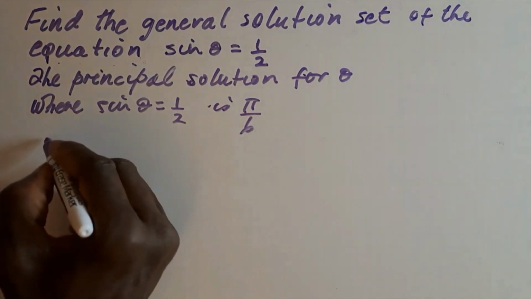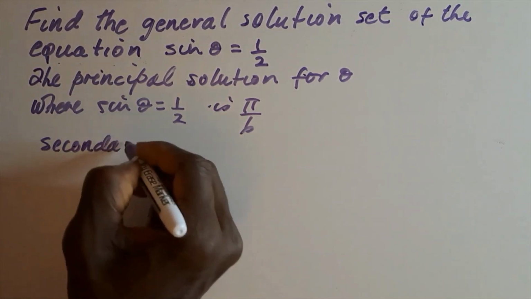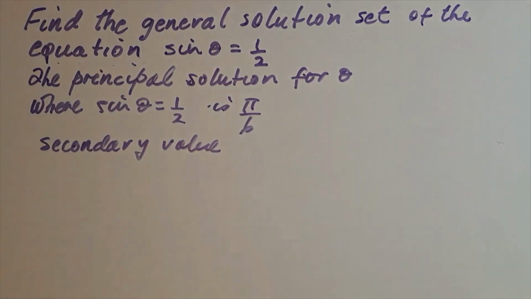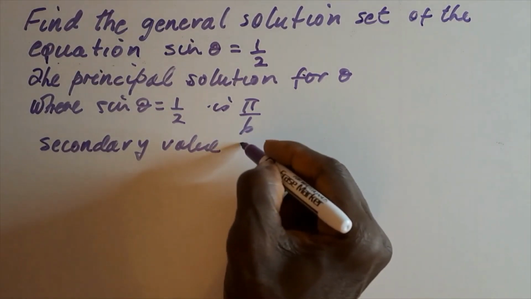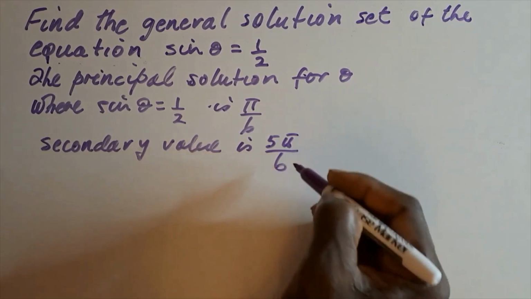We also have a secondary value which lies within the restricted domain, and that's 5 pi over 6.